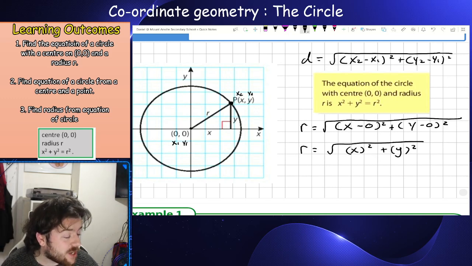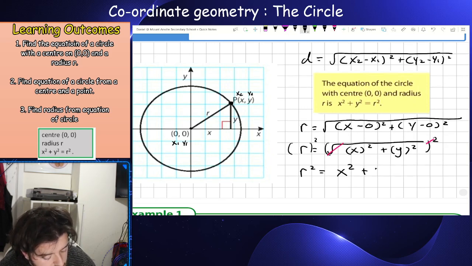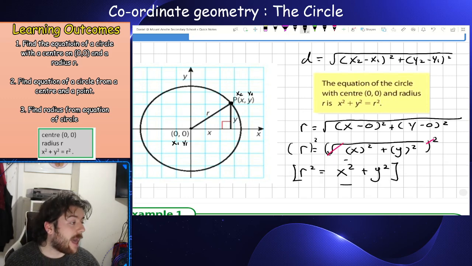Then I want to get rid of that square root, so I'm going to square both sides. I cancel out the square root because they're inverse operations, and I have r squared is equal to x squared plus y squared, which is the equation above.